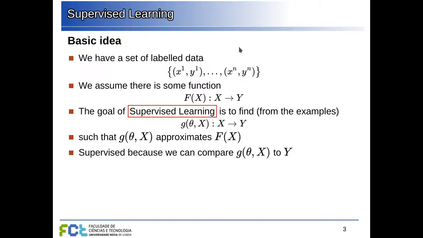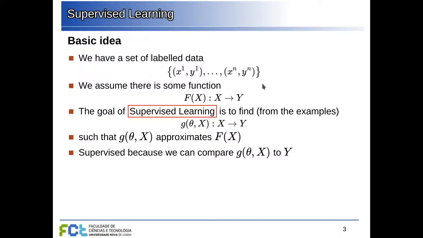And in supervised learning, we always need to have a set of data that has both the features and the target values, so the x and the y. Note that these may be vectors. So I'm going to do some examples where x is just a single value because it's easier to represent graphically, but x can be a vector with hundreds of or thousands of features depending on the problem.